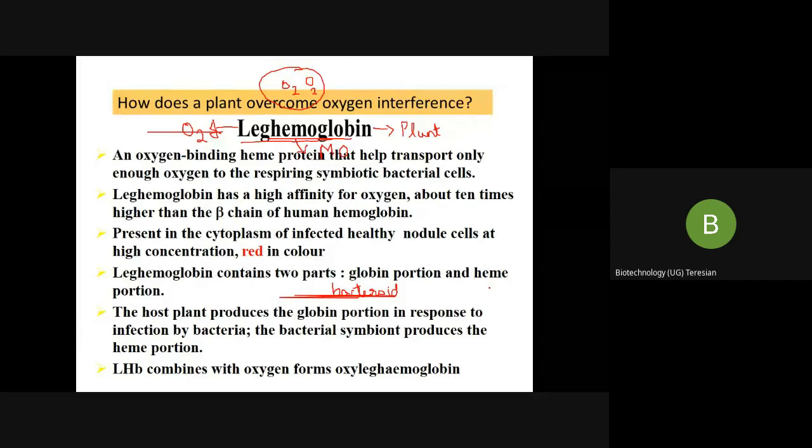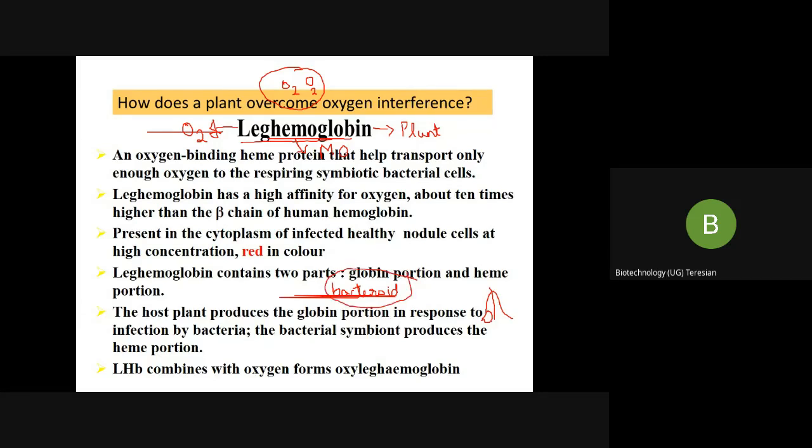So this is my plant root. Now who has entered? Rhizobium has entered and it will form nodules. How are nodules formed? Because of the multiplication of the bacteria. Which bacteria? Rhizobium. And that multiplied bacteria has a name called bacteroid.